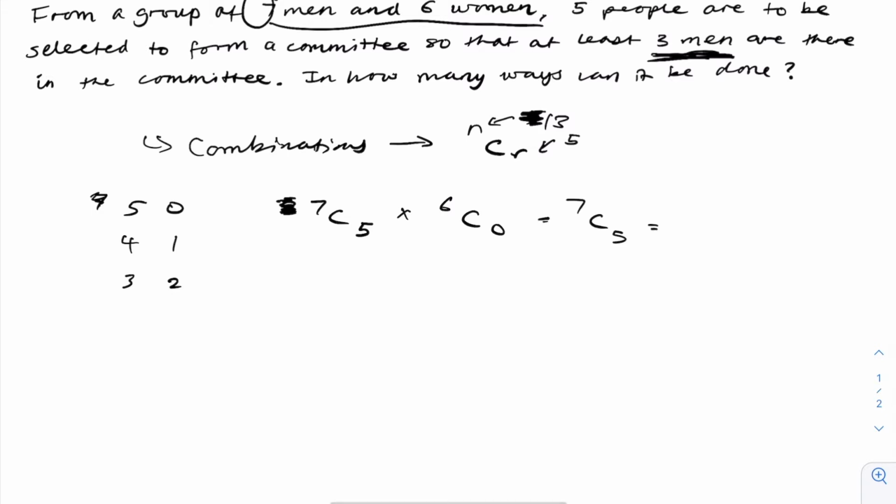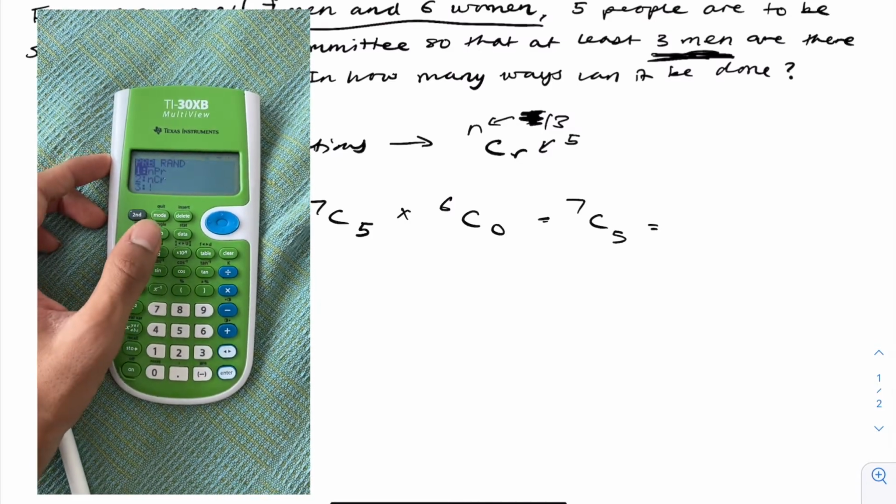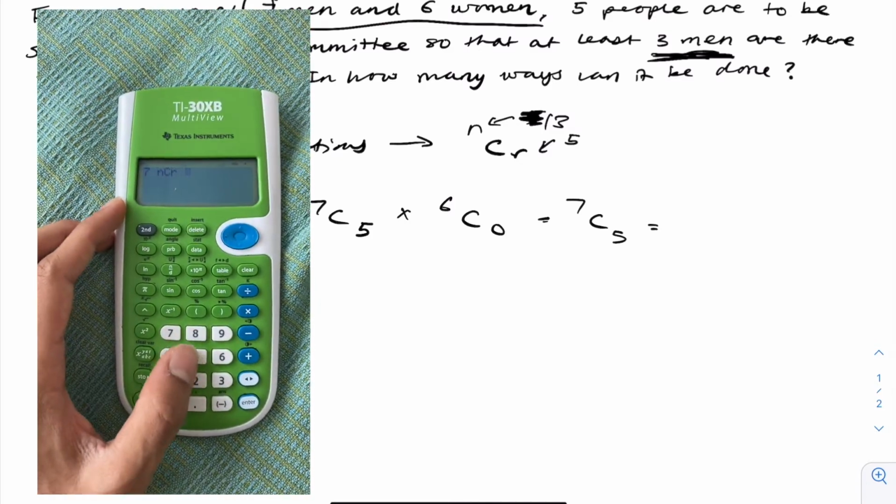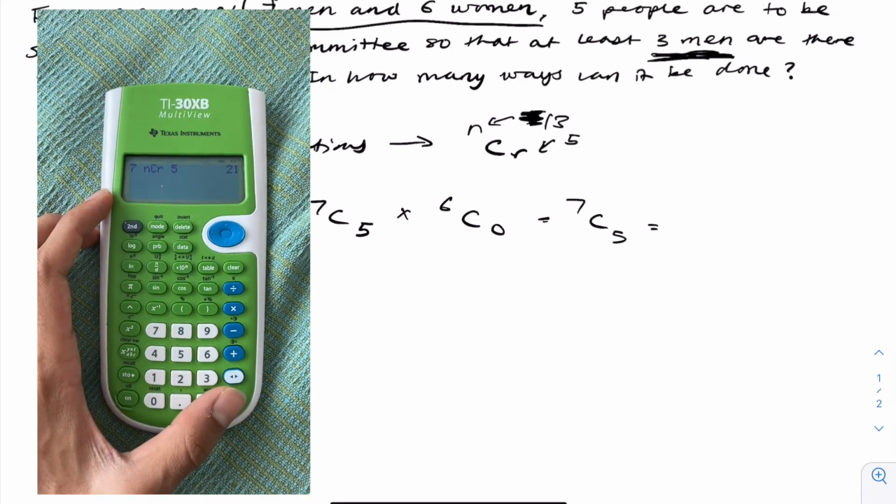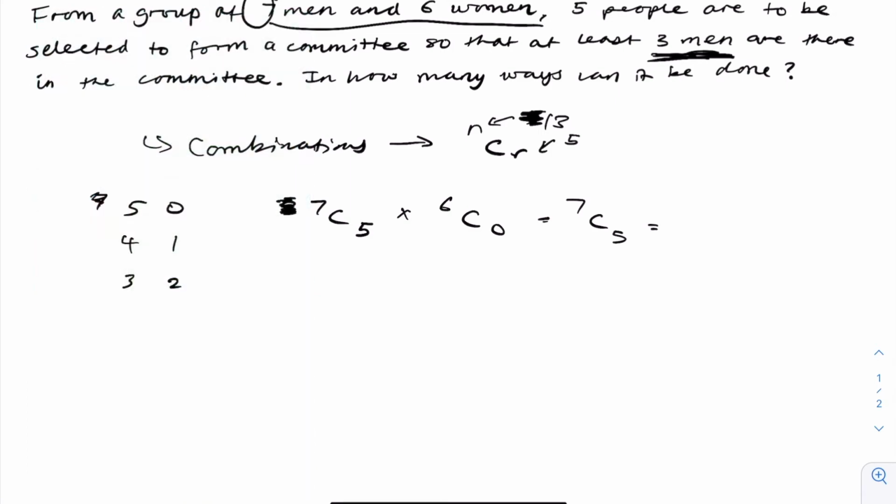Let's calculate it with the TI-30XB calculator. We do 7C5, which gives us 21. So to get 5 men and no women, there are 21 different instances, because we're essentially choosing 5 men from the 7 men, and there are 21 ways of doing that.